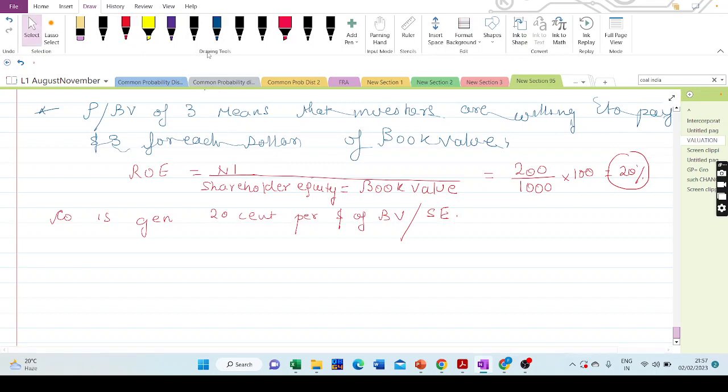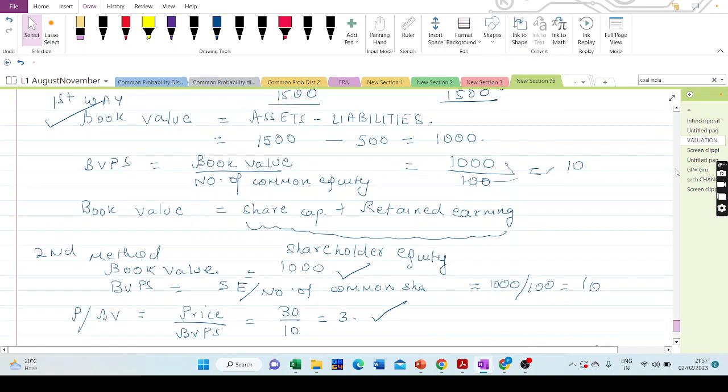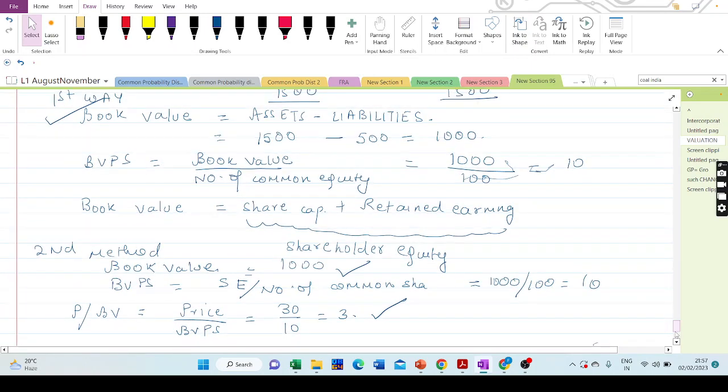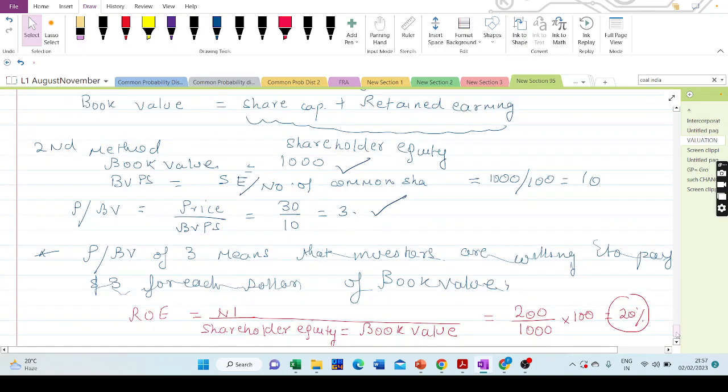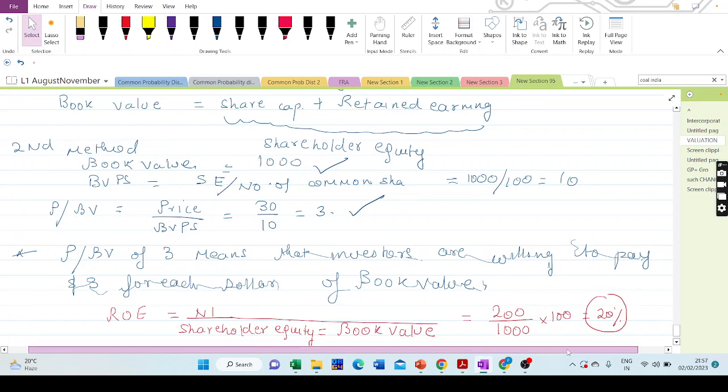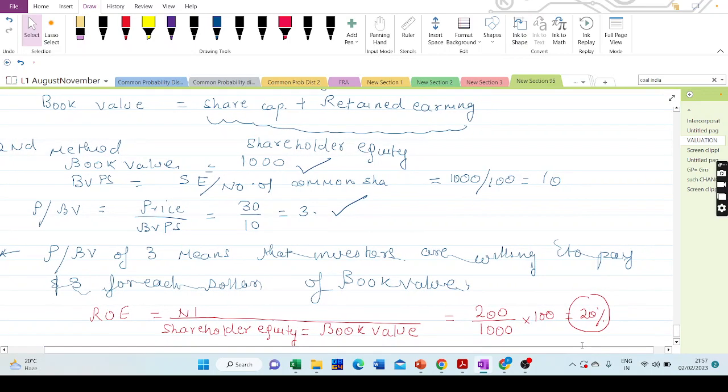Guys, we said, what was my price to book value? What was the interpretation? Price to book value of 3 means that investors are willing to pay $3 for each dollar of book value.